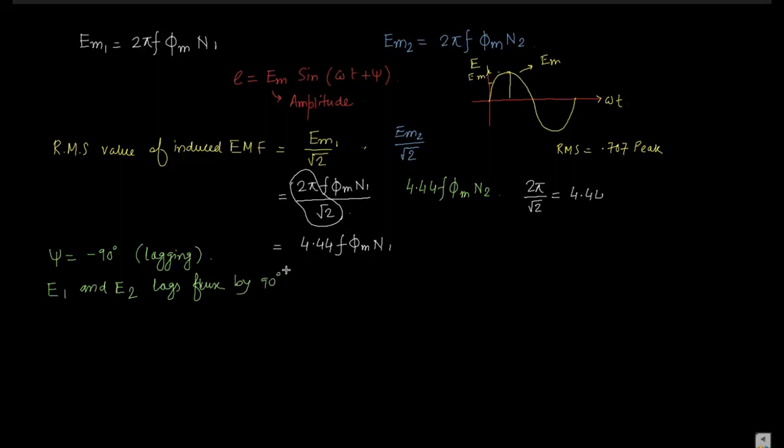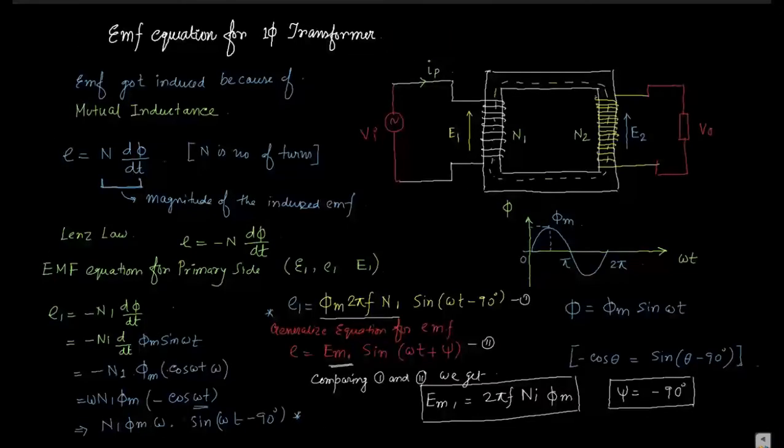Here psi becomes 90, meaning E1 becomes minus 90 degree, so E1 becomes lagging in nature with phi by 90 degree.